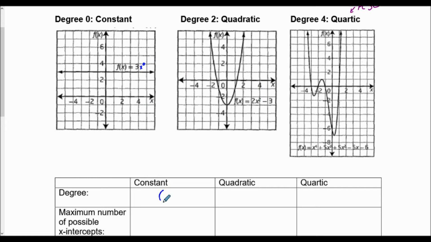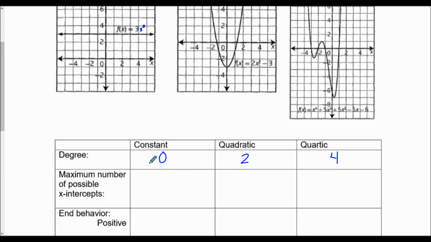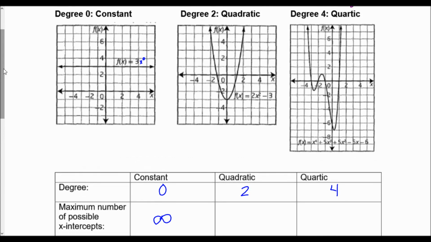The degree of a quadratic is its highest power, which is 2. Quartic is 4. The maximum number of possible x-intercepts for a constant term is actually a trick question. There's potentially an infinite amount of possible x-intercepts, because this line could be lying right on the x-axis.